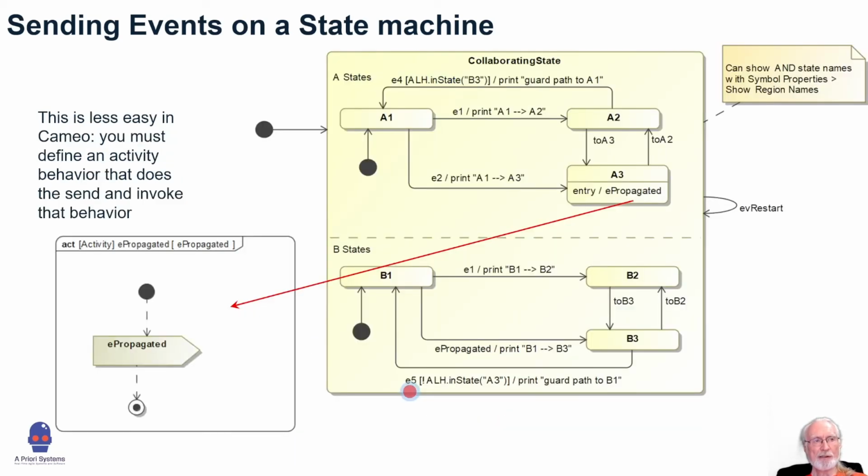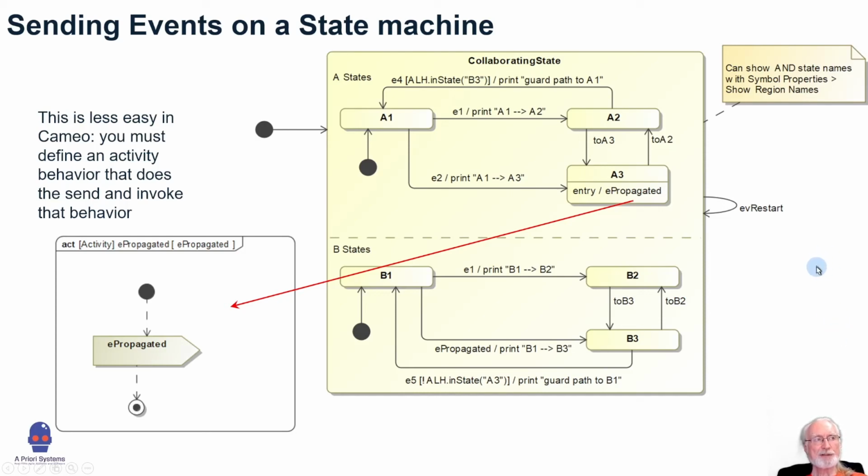In Cameo, however, you can't put a send action on a state machine directly. You can have a behavior, either a transition effect or entry action or exit action, that invokes a behavior that sends a signal, but you cannot directly send the signal on the state machine.